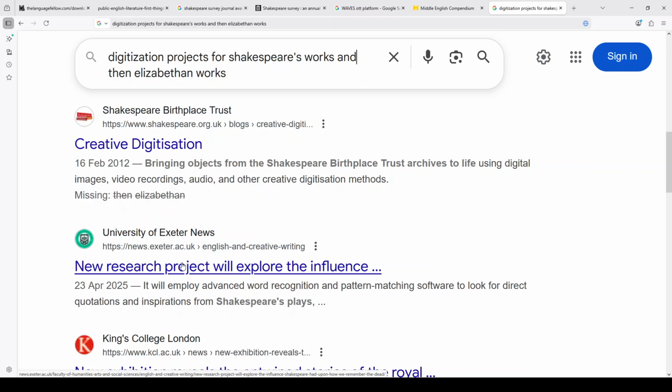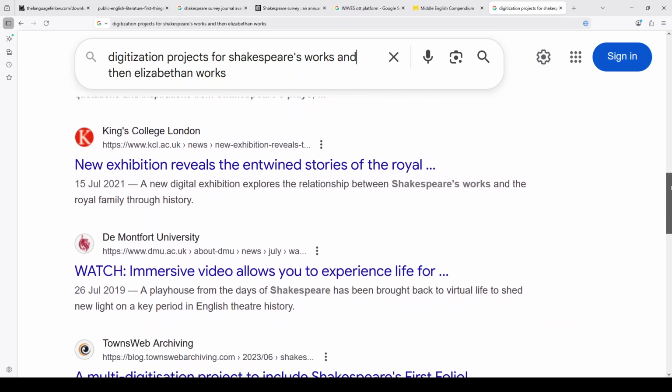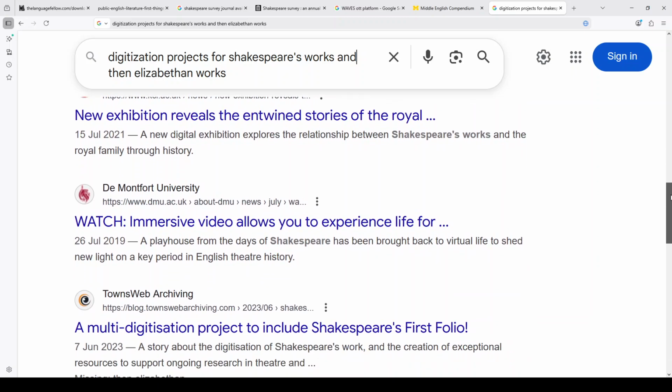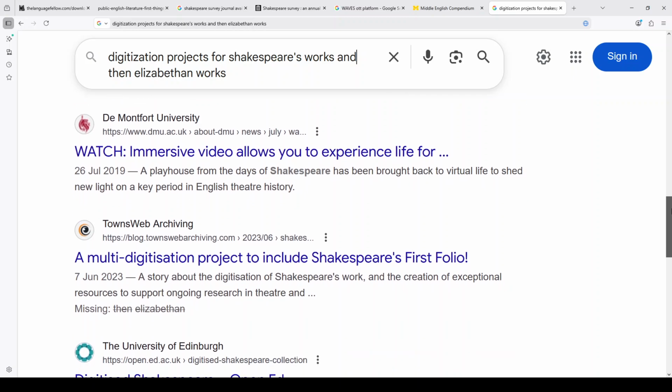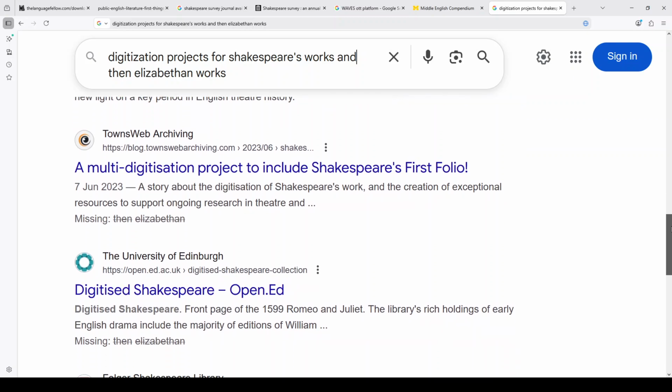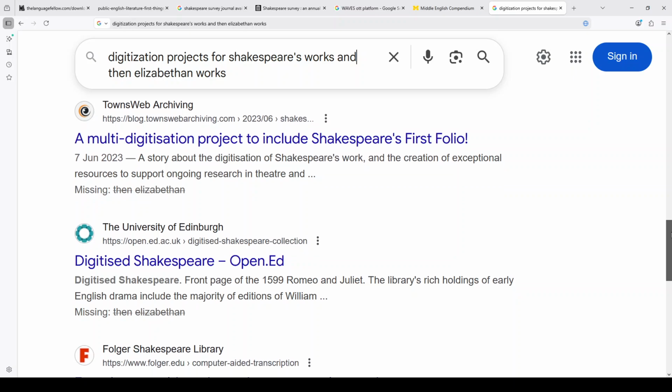As you can see, it shows the link, the full link, news.exeter.ac.uk, ending in remember the dead with hyphens and so on. Shakespeare's first folio has already been digitized, and if you are interested, you can have a look at this link.